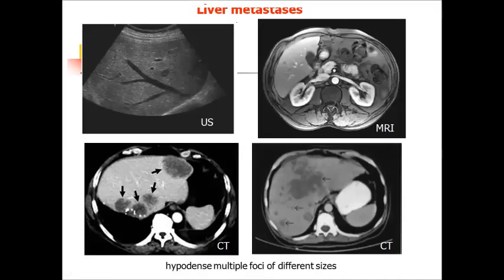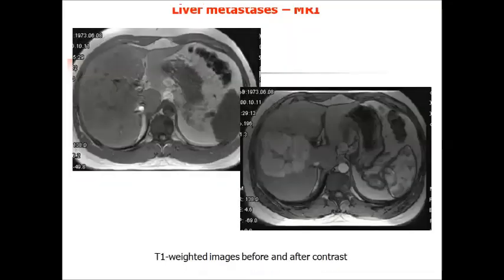Liver metastases are usually multiple foci of different size, usually hypodense. MRI of the liver in suspicion of metastasis is also of great value, but should always be performed with gadolinium enhancement.